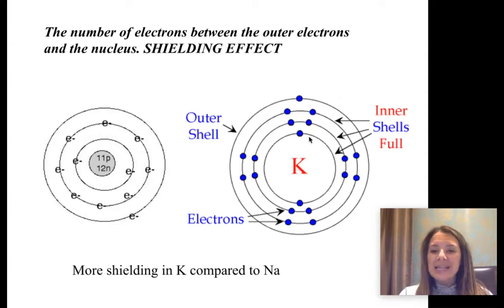And so these inner electrons actually shield the valence electron from that nuclear attraction. So it's much easier to remove an electron from an atom that has a valence shell that is farther from the nucleus. Okay, so size comes into play, but also something called shielding effect.